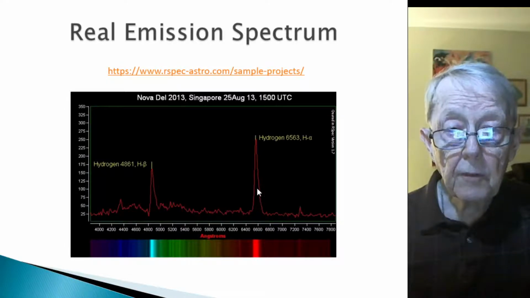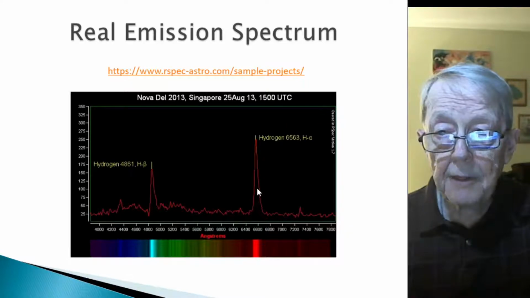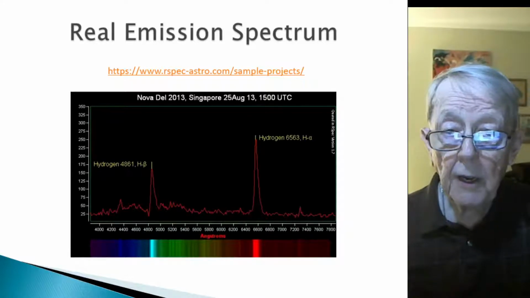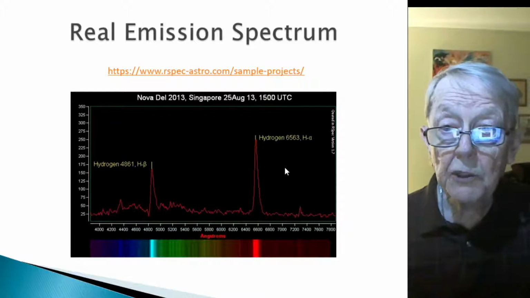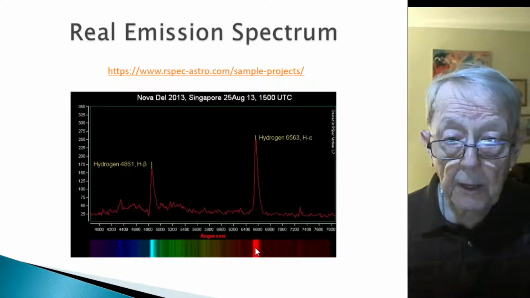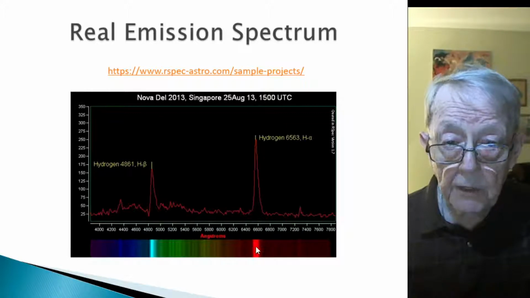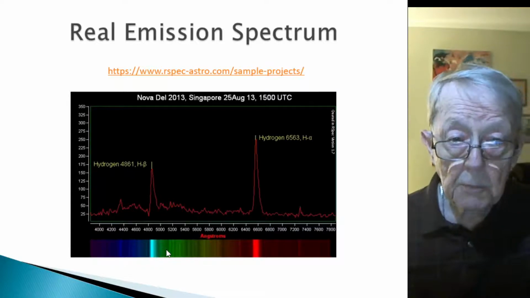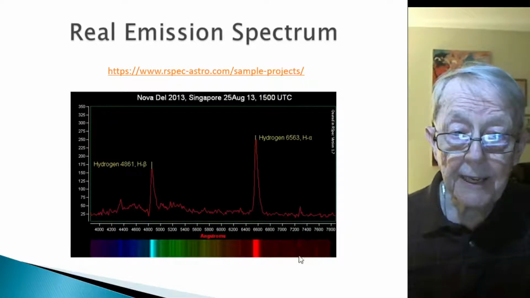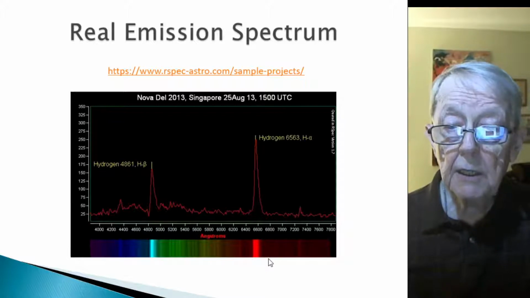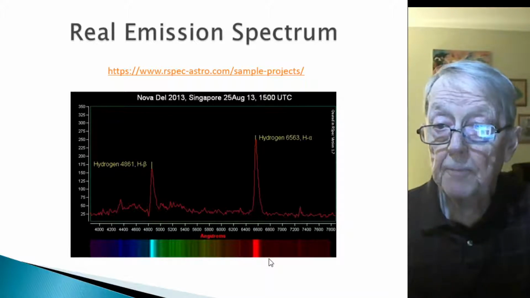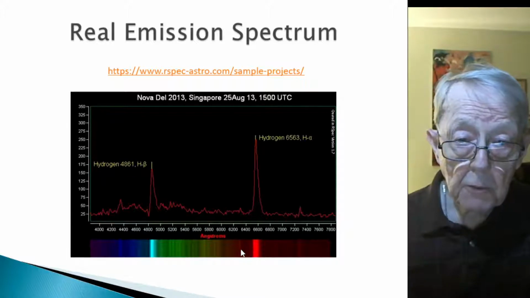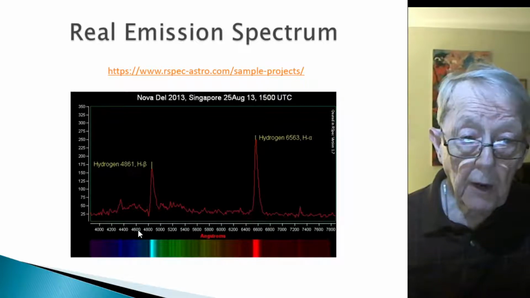Now, this is the emission spectrum, not the absorption one, but they use the absorption one to say that when they get light from a star, and this bar is moved to the right, that's called redshift. When it moves to the right, and this correspondingly moves to the right, and it's in the wrong place, then the star must be moving away. If it's blue shifted, then these bars move to the left, and you'll see them here and here.